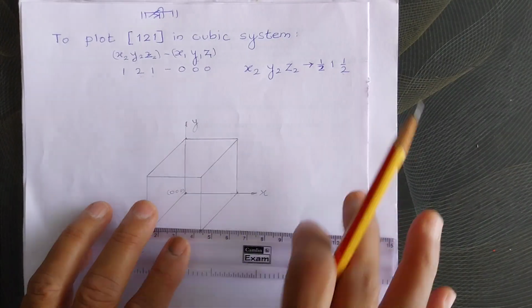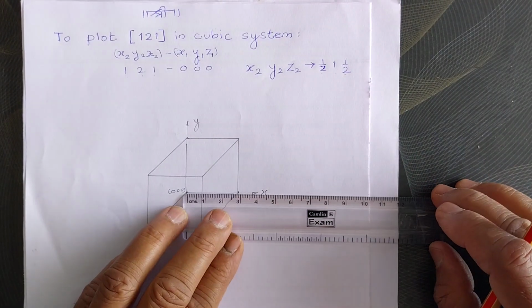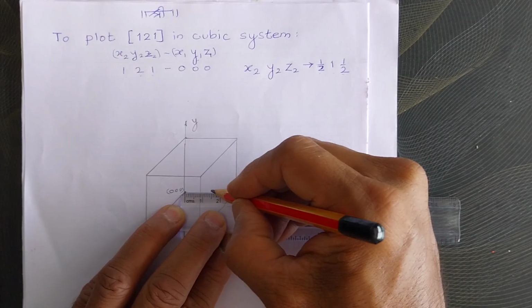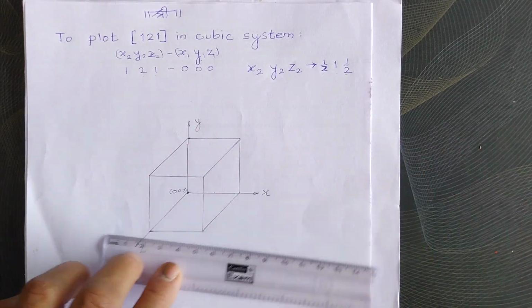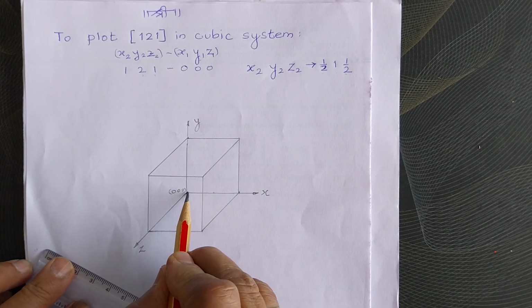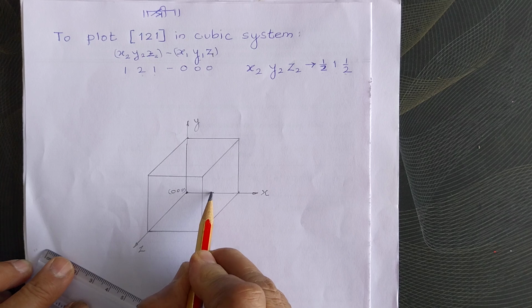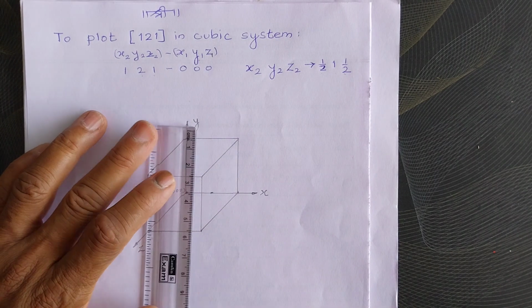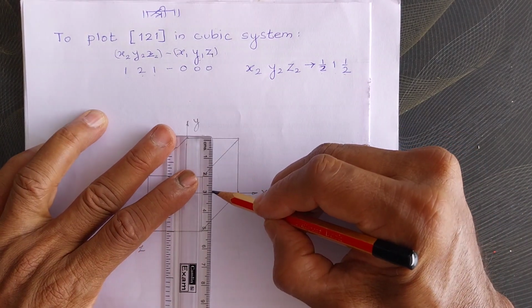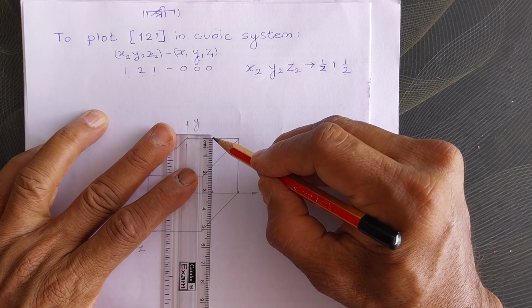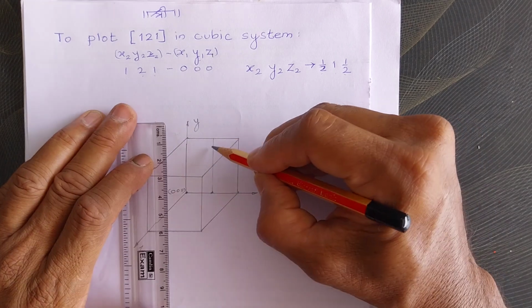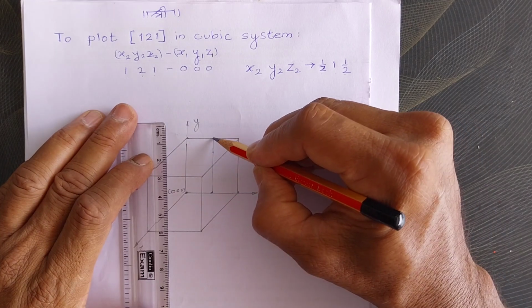So it is half in the x direction. Since the total distance is 30 mm, we choose 15 mm from this. So from this point to this point, this distance is half. Then 1 in the y direction, so that is the full 30 mm in this case, the unit distance. So this distance is 1 unit.